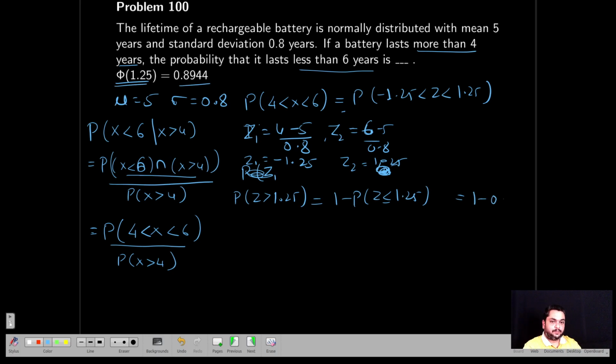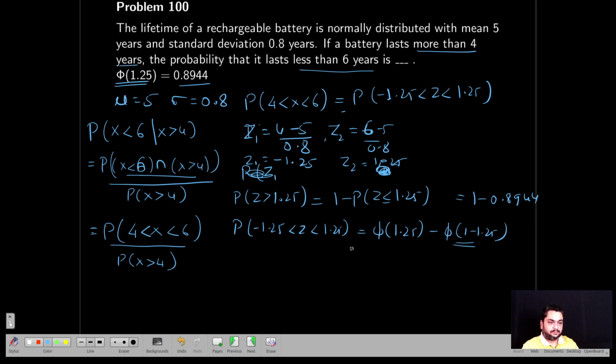So 1 minus 0.8944. Similarly here, P of minus 1.25 less than Z less than 1.25 is equal to phi of 1.25 minus phi of minus 1.25.